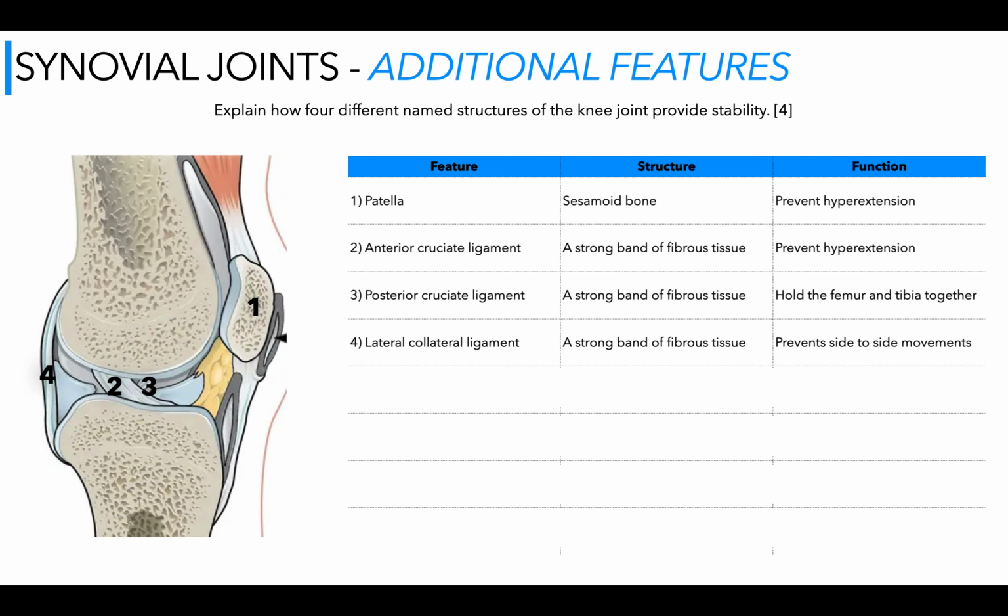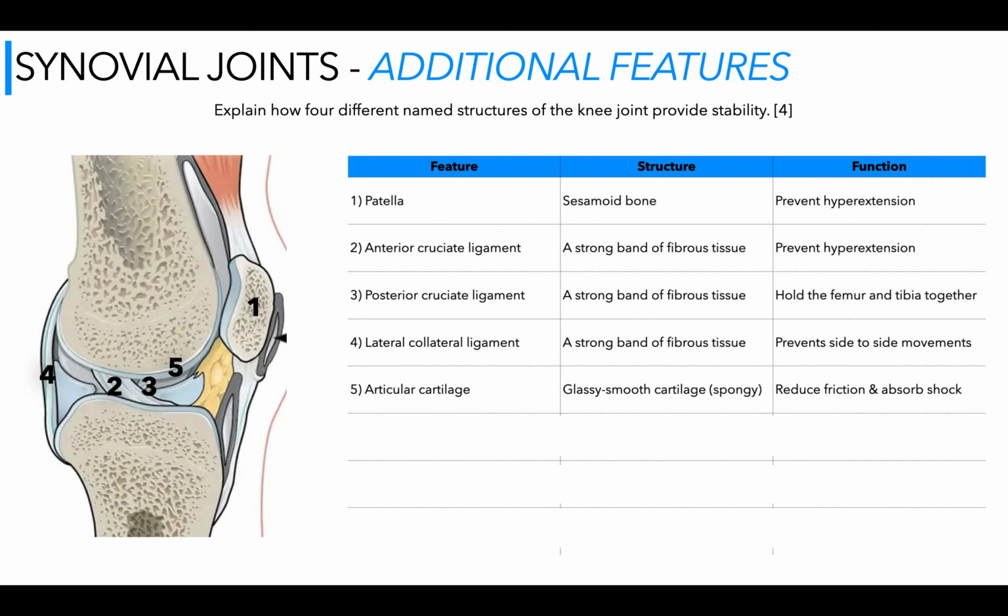So on the inside of the knee, you would have a medial collateral ligament, but unfortunately you won't see it in this image, but just do know we have a lateral and a medial, and they have the same function and same structure. So they're there to prevent side-to-side movements, whereas the ACL and PCL are stopping the bones from coming apart.